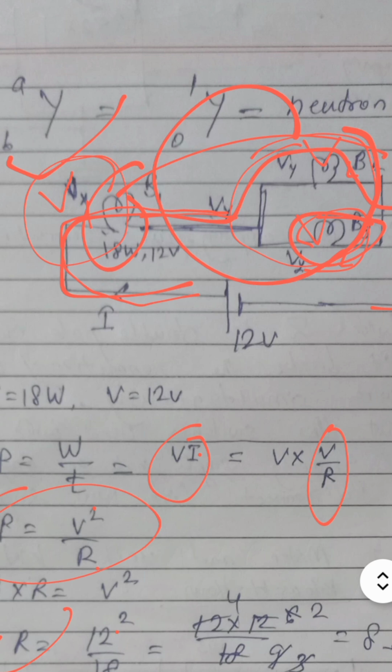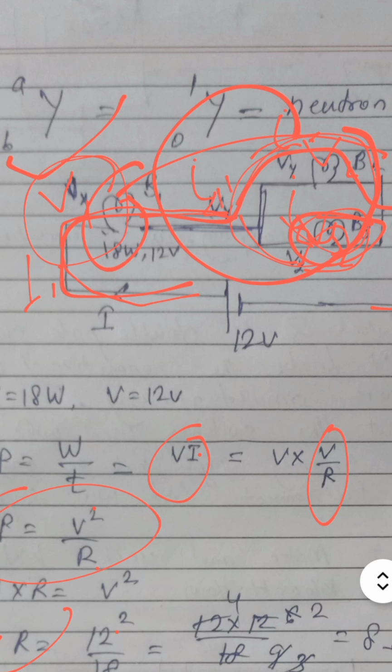Now what happens to the I? The value of I in the series is the total I. So here I is I1, and here I2 gets divided into two parts, I2A, I2B. If I remove this one, this one is getting I1.